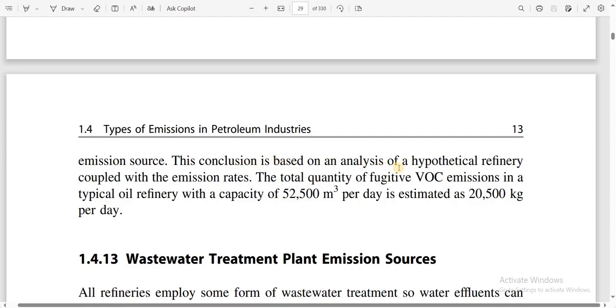This conclusion is based on the analysis of a hypothetical refinery coupled with the emission rates. The total quantity of fugitive VOC emissions in a typical oil refinery with a capacity of 52,500 cubic meters per day is estimated as 20,500 kg per day.